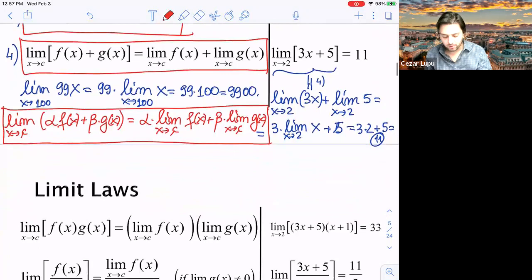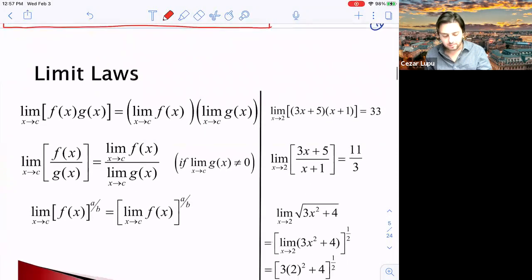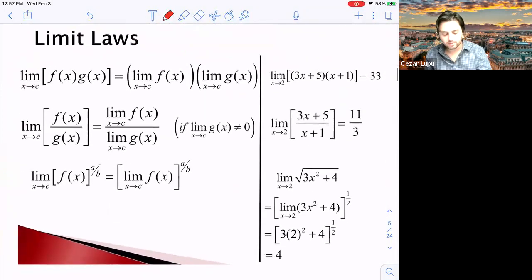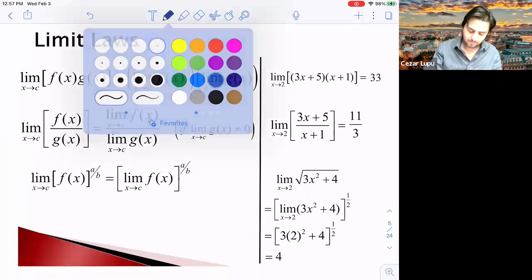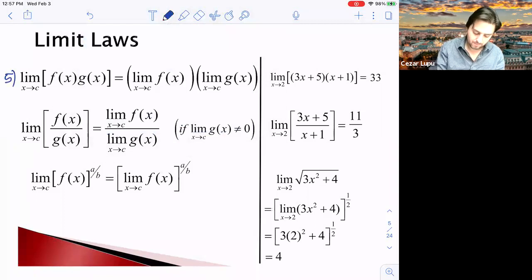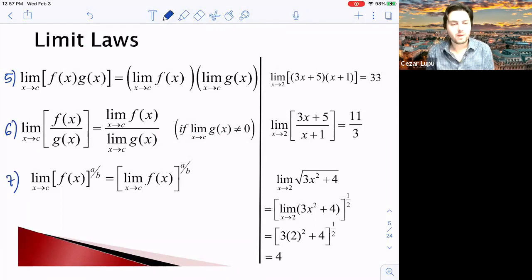Let me talk more about limit laws, because now we want to see what happens with the product, with the quotient as well, with the power, and as you would expect, the same thing holds true. So this would be number 5. Let's read the first one.